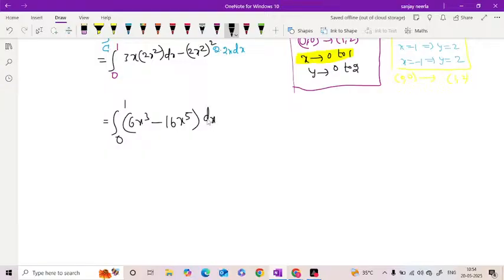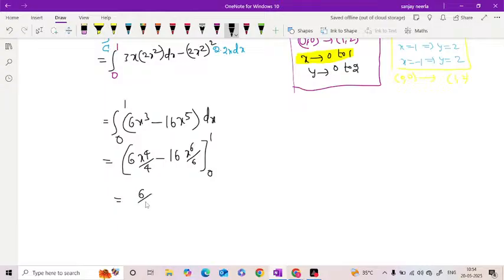So this is the multiplication. Now after integrating, the integration of x square and x cube is x power 4 by 4, and the integration of x power 5 is x power 6 by 6, with limits from 0 to 1. Upper limit is 1, lower limit 0. That is very simple.